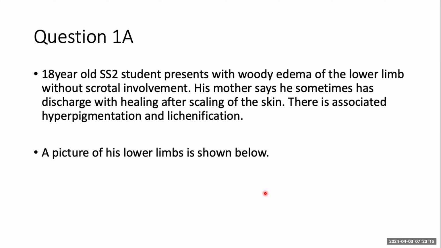Mostly for Loa loa and onchocerciasis, it is based on epidemiology. Are you treating lymphatic filariasis in an endemic area with Loa loa or onchocerciasis? That is among the best catch. What to use?